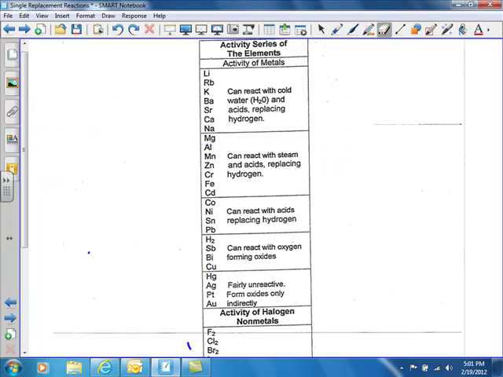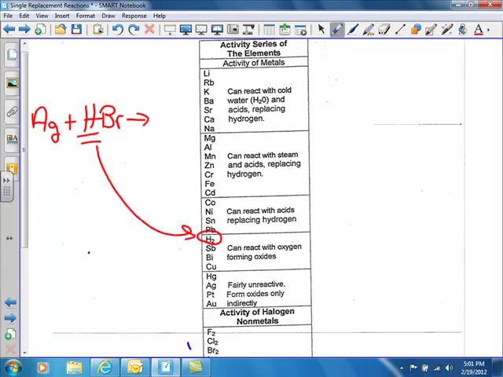Let's look at one more. Let's look at a reaction of silver plus hydrobromic acid. We have to find these two on the list. One thing you'll notice is that hydrogen, even though it's a single H here, is listed as H2 on this list.